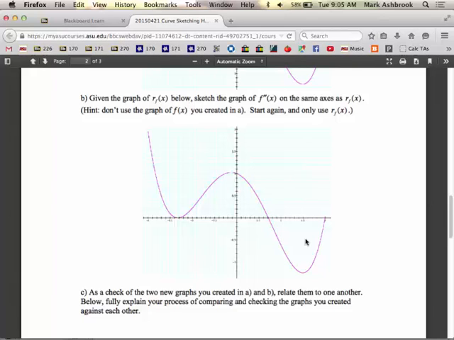So, how am I going to think about this now? Am I going to be focused on where this is increasing or decreasing, or where it's positive or negative? Increasing or decreasing. So I can forget about the fact that this is a rate of change function. Why? Because I just want to take this function and sketch its rate of change, because that's how the second derivative relates to the first derivative. So forget about the fact that it's a first derivative. Forget about the fact that it's a rate of change. I just want to sketch the rate of change of this one, like it's an accumulation function to start with.